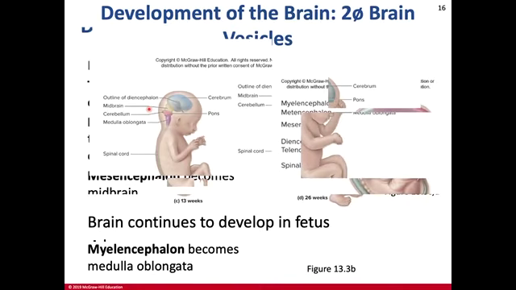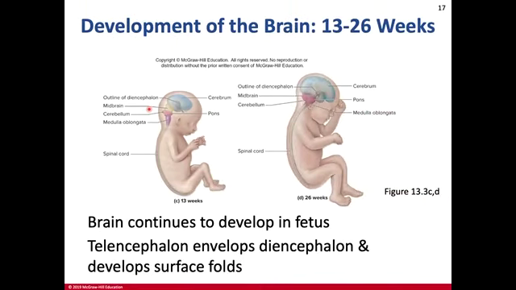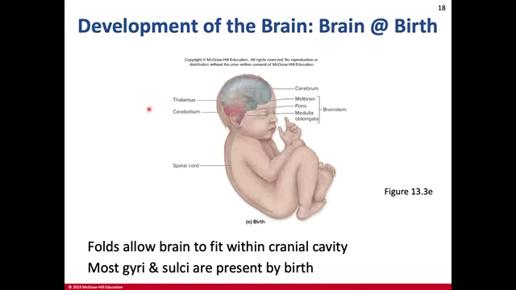Okay, the brain continues to develop in the fetus between 13 and 26 weeks. The telencephalon envelops the diencephalon and generates surface folds. The folds let the brain fit within the cranial cavity. Most of the gyri and sulci are present at birth, and again, their purpose is to increase the surface area of the brain.